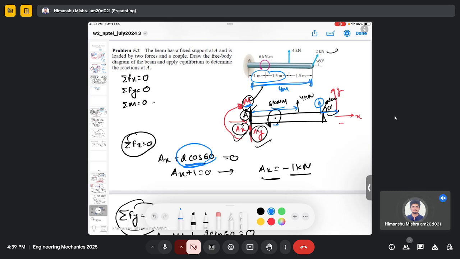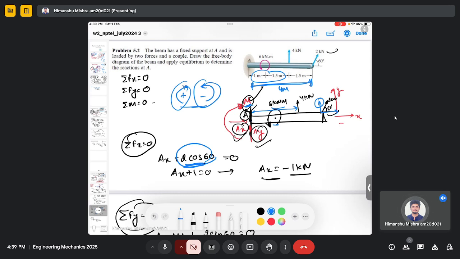And we can have the sign convention as clockwise positive and counterclockwise negative. Here I change the sign convention just to show you that you need to fix the sign convention as per your convenience. But once you fix the sign convention, you need to follow it for the entire problem.